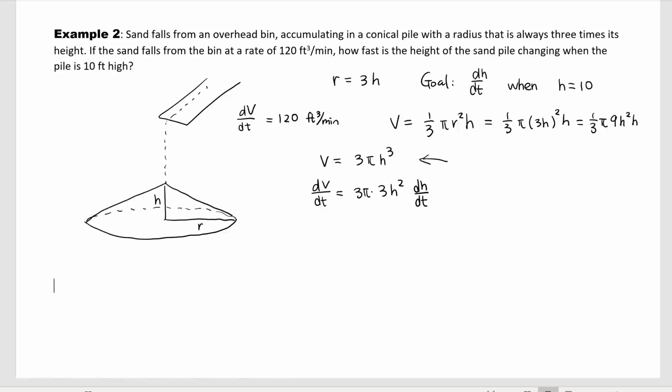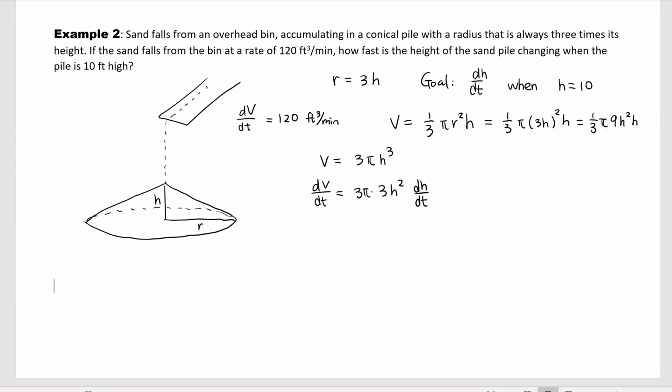We always plug in the values after we differentiate. Think about it: if you plug in the values here, you don't see the rate. You're looking for the rate of change dh dt, and there's no dh dt there. So we must substitute the values after we differentiate.